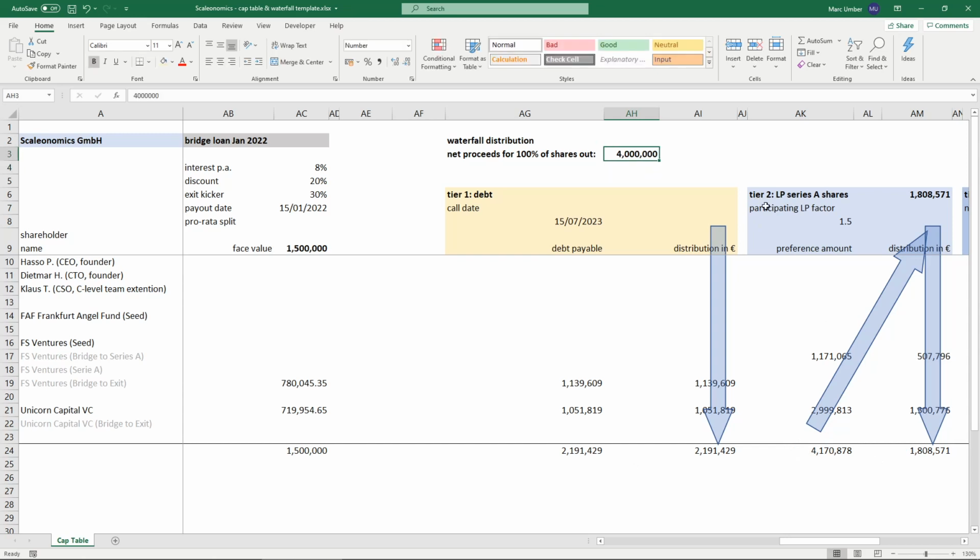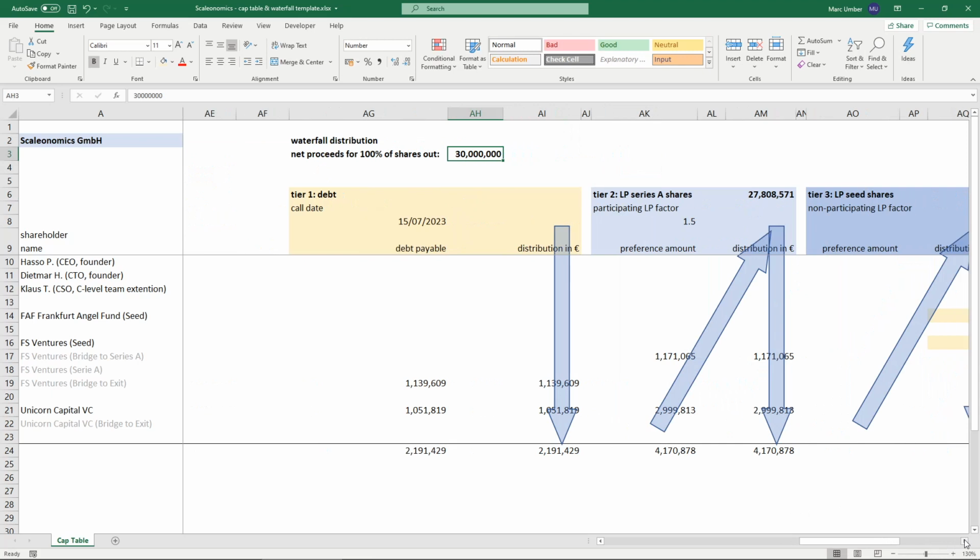If we would only receive 4 million in total proceeds for the exit, this would not leave enough money on the table to fulfill all cash flow rights on tier 2, and then our formula splits the money that is available according to the relative weight, according to the pro rata in the tier 2. Very good. Always make sure you test and challenge the formulas that you built.